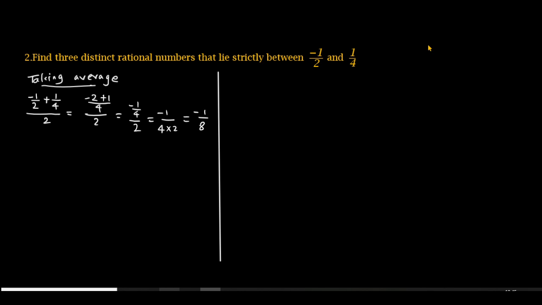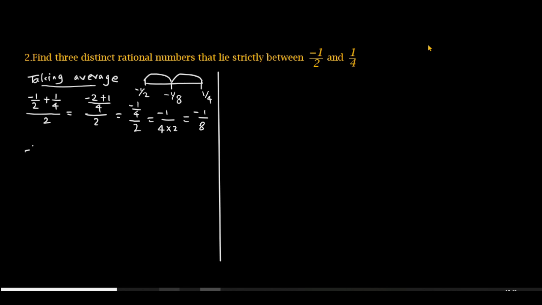So exactly, if this is the number line, these are minus 1 by 2 and 1 by 4, and in between exactly minus 1 by 8 is there. Now you can find in between these two any one number, and in between these two any one number.